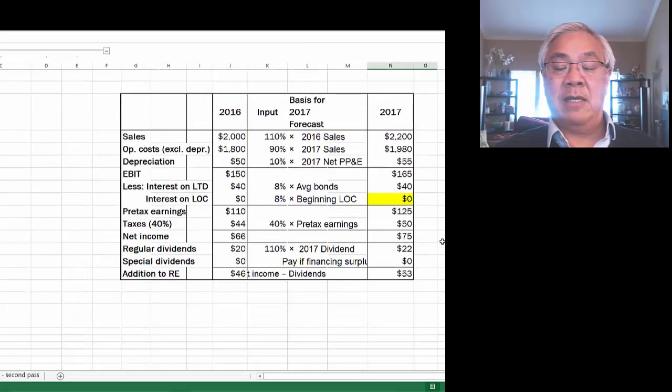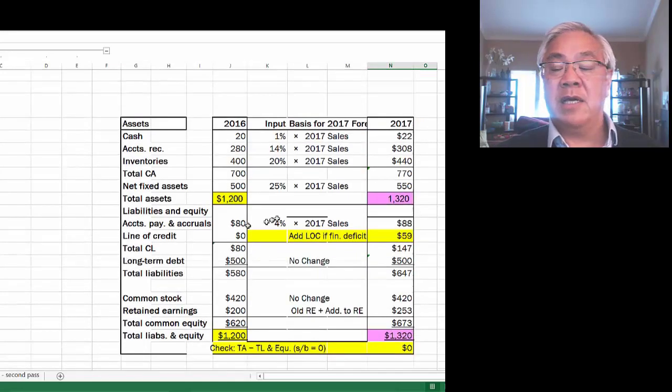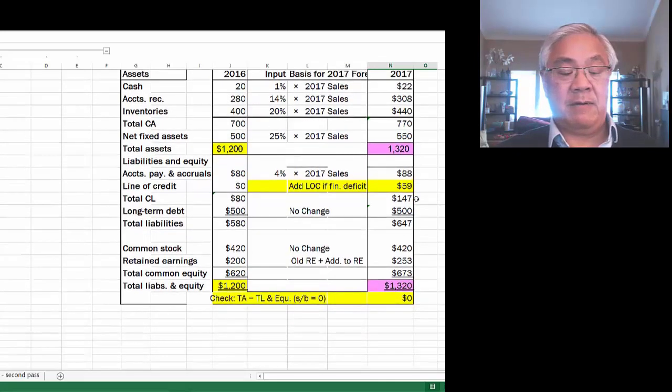So that's how they stick together, or we call it articulation, where we have the income statement flowing into the balance sheet. So now we're ready to go. Because if we add the $59 there, then our total assets is 1320. Total liabilities and equity, same number. So we're in balance. All right.